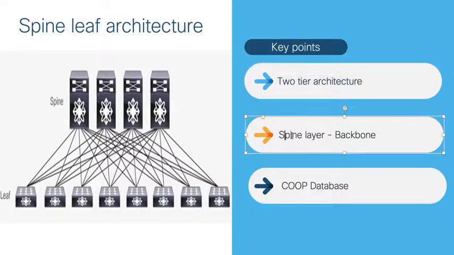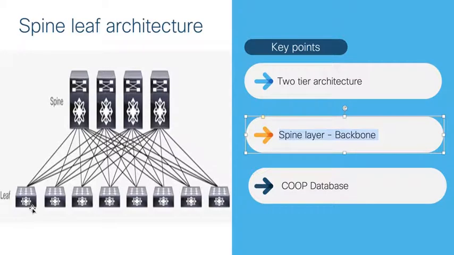The spine layer is the backbone of this network, and it makes sure all the leaves are connected to the spine. You can see in the diagram, let's say I'm talking about this first spine, and it is connected to all the leaves available at the lower tier. All the VMs, servers and hosts will be attached to the leaf, not to the spine.